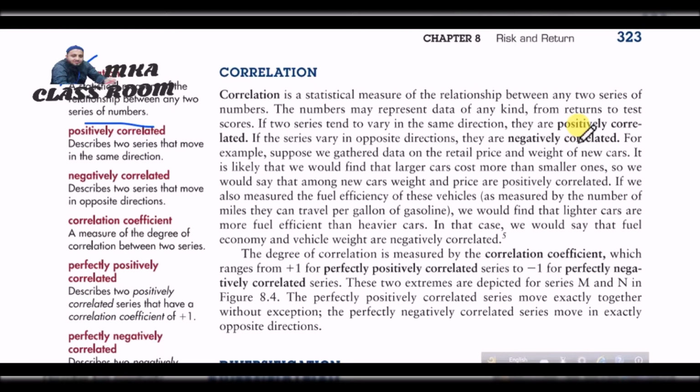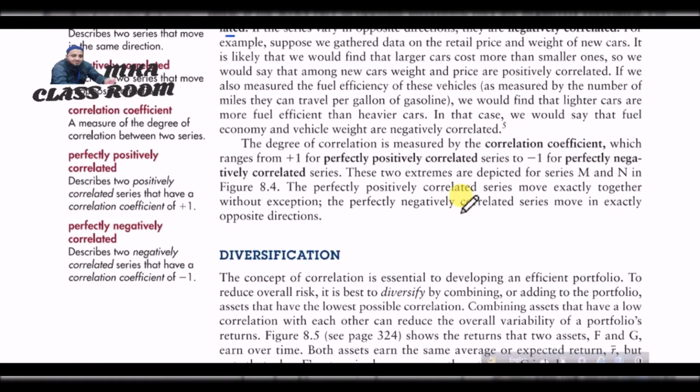If two series tend to vary in the same direction, they are positively correlated. That means if the two series tend to vary in the same direction, they are positively correlated.